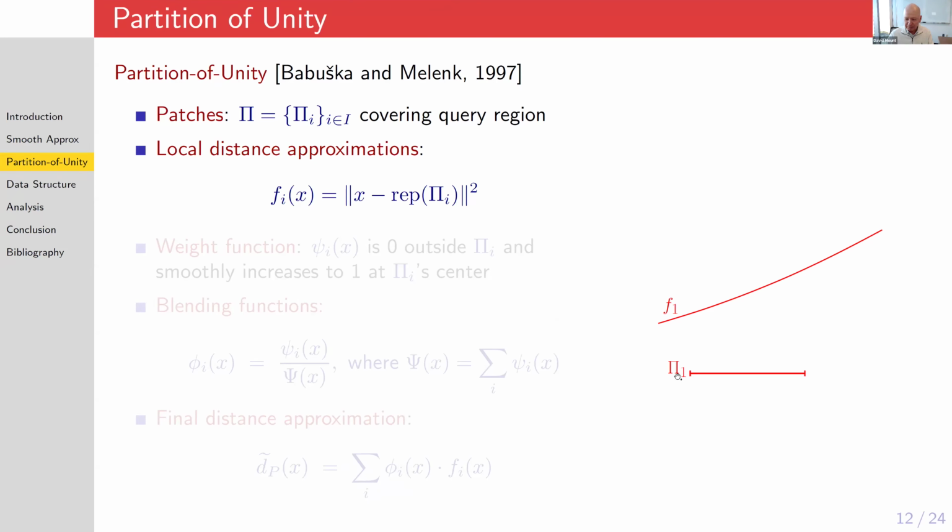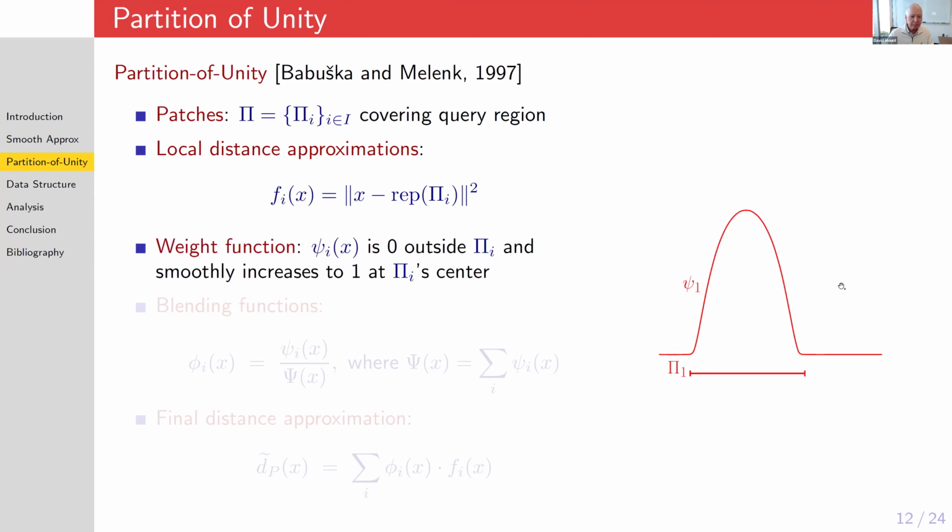So I have a patch, call that pi sub 1, that I want to average over. I have a function that I want to average over that patch. I have a weight function. The weight function is going to be 0 everywhere outside the patch. And when I come into the patch, the weight is going to increase to some large value. And as I get to the boundary of the patch, it's going to go back to 0 again.